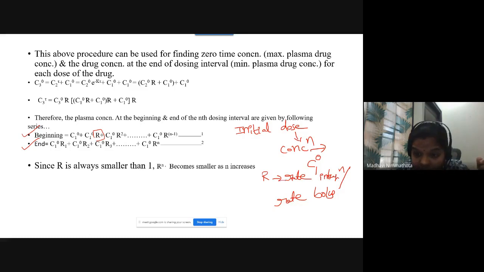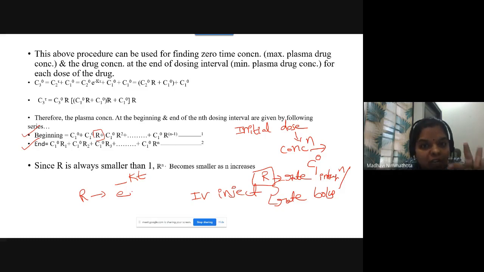Because here we are taking IV injection into consideration, either a bolus dose or an infusion dose. That's why capital R is represented as the rate of infusion or rate of bolus. So capital R means e to the power of minus K into t.